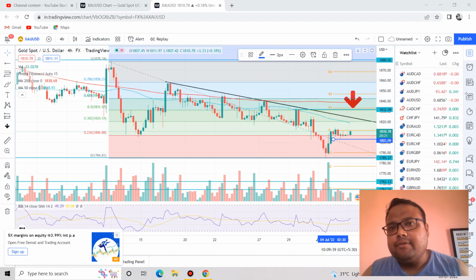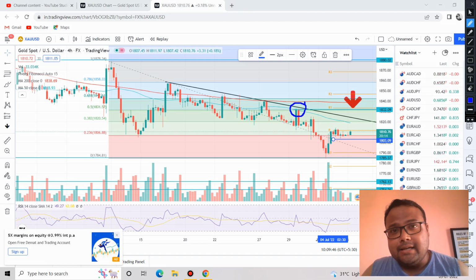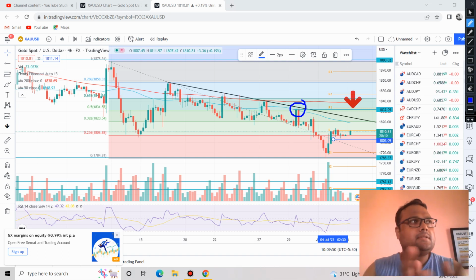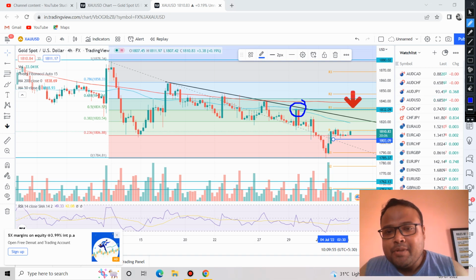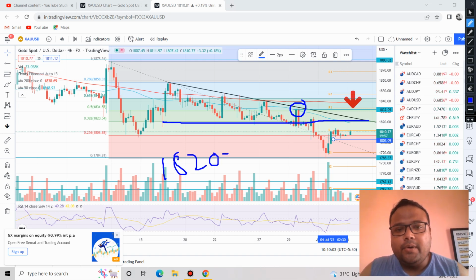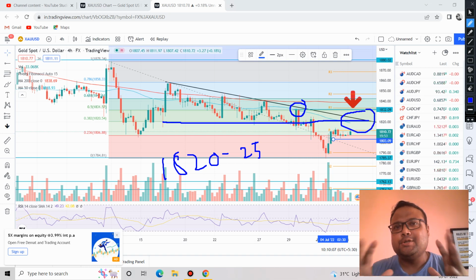Then we also have the 50 moving average, again another dynamic resistance. See here, the 50 moving average acted as dynamic resistance. So trend line plus the 50 moving average, two resistances. Plus we also have the Fibonacci 38.2% retracement level. So 1820, as already discussed, 1820 to 25 is a good selling zone.